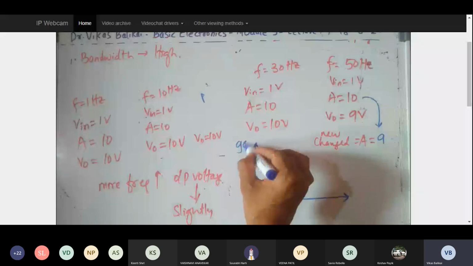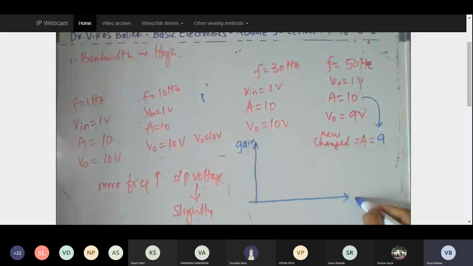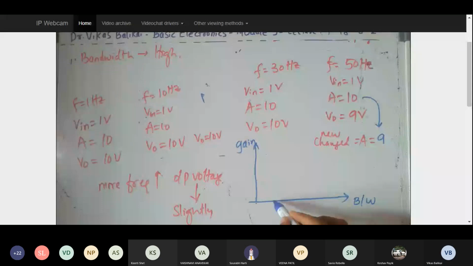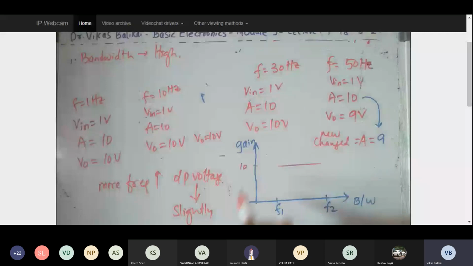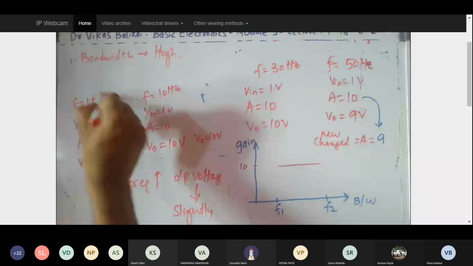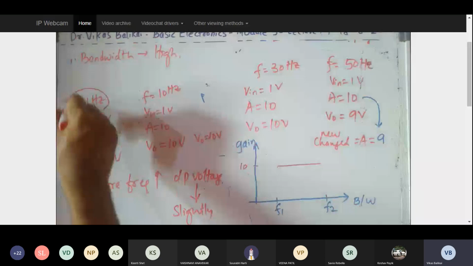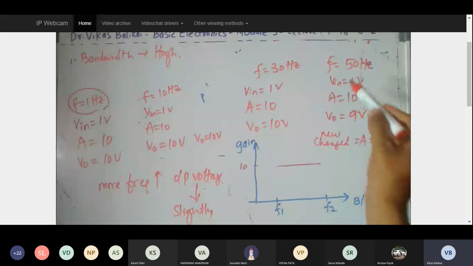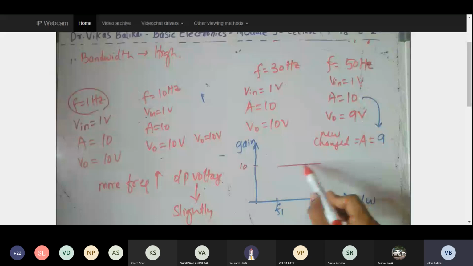I am going to mention the frequency F1 and frequency F2 as two extreme frequencies. And if I try to draw the gain versus frequency, I will get a gain of 10 when I start operating my input voltage with frequency F1, which is the lowest frequency, and up to 50 hertz or up to 49 hertz I am getting the same output because my gain has been maintained constant.